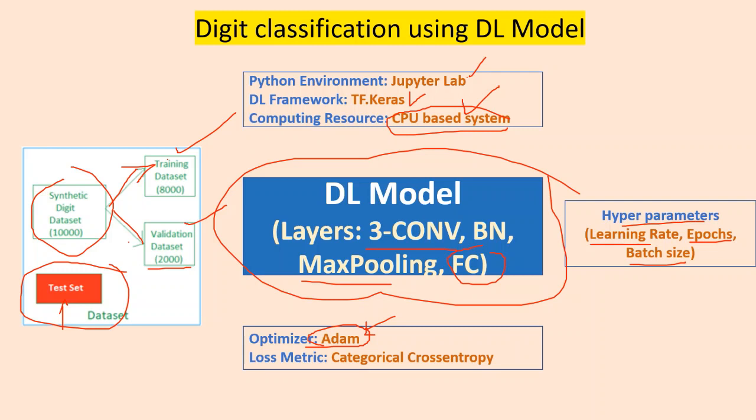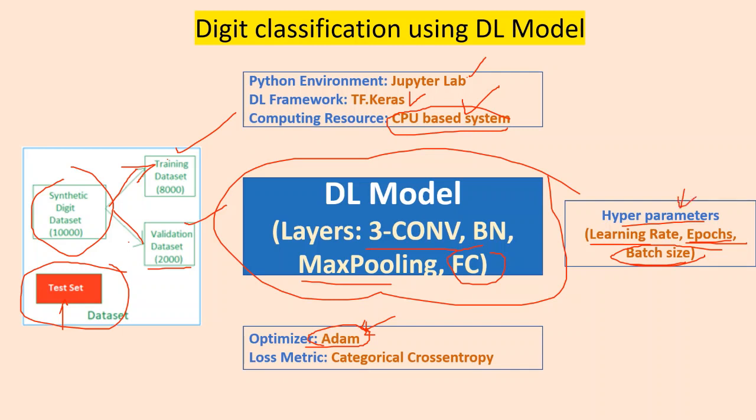I have used the default learning rate that comes with Adam, and even the other parameters like beta and epsilon are all default values, so I have not changed anything. For the number of epochs I have chosen a random value, and the mini batch size is around 25, which is also random. Of course, we can fine-tune these hyperparameters to get a higher accuracy.